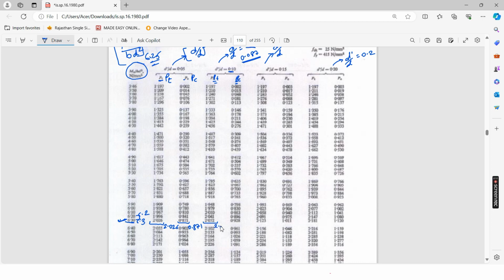Now again for 0.1, the value is 2.072 and 0.928. So you have to interpolate between this value and this value, for 0.05 and 0.1, to get the value for 0.087. If you want to take the higher side, you can take it by approximation, using common sense.